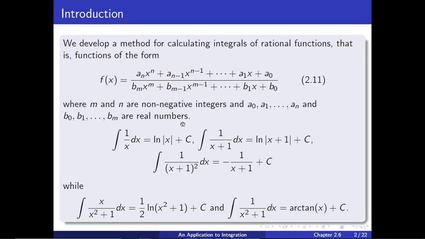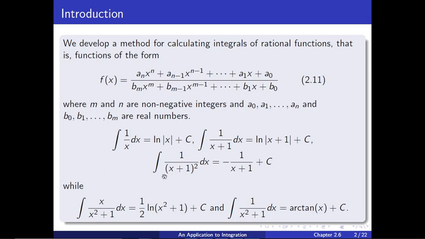So we already know that if we integrate, for example, 1 over x, we get ln the modulus of x plus c, and if we integrate 1 over x plus 1, we get the natural log of the modulus of x plus 1 plus a constant.